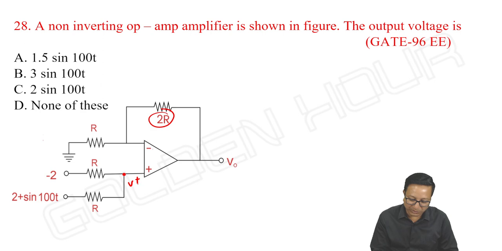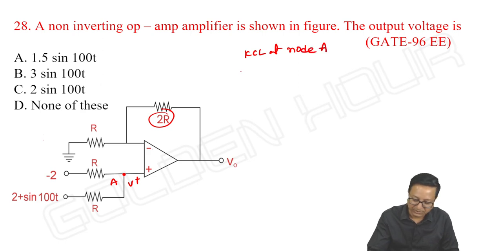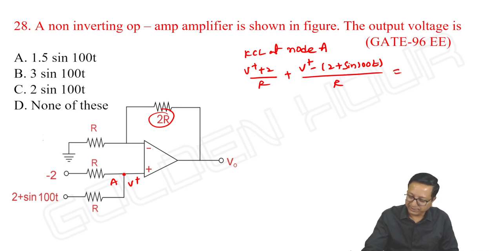So what is the voltage at this point? It is V+. I can take the node equation or superposition, anything I can apply. KCL at node A: (V+ − (−2))/R + (V+ − (2 + sin 100t))/R = 0.